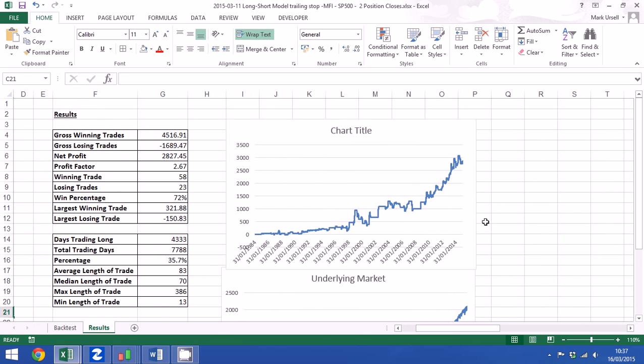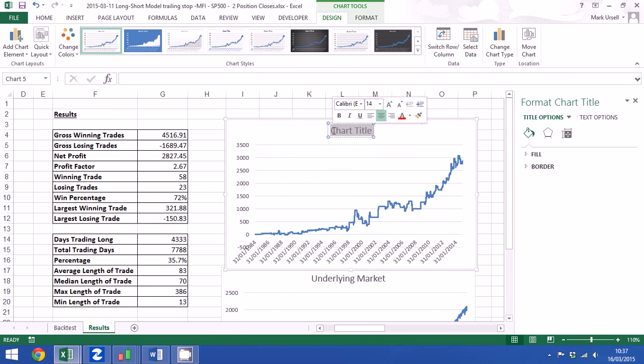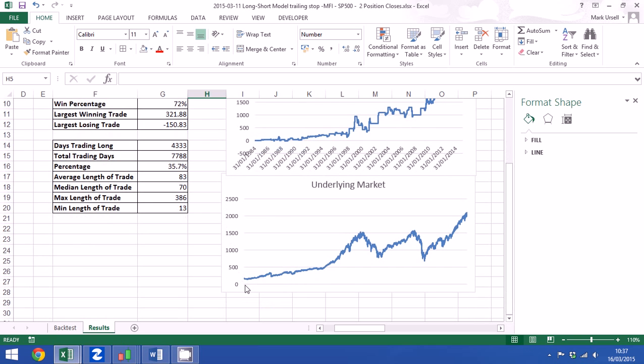If we look over here, we have the backtest equity graph. We can compare this to, this will be familiar to many people, the S&P 500.